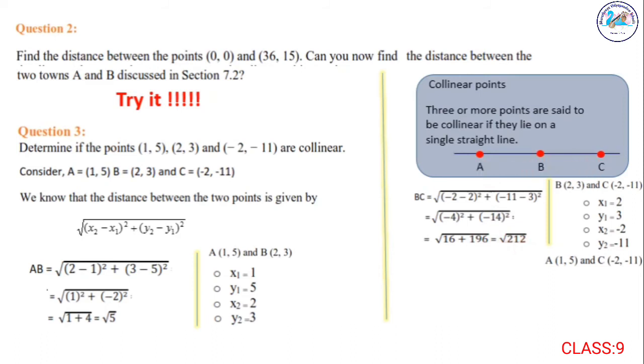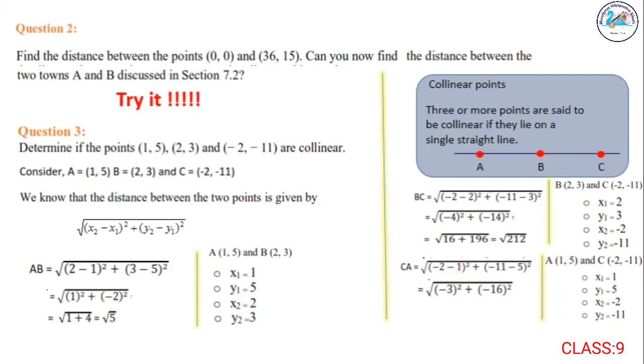AB is calculated, BC is calculated. Now we go for AC. Just take A and C. A is (1, 5), C is (-2, -11). x1 is 1, y1 is 5, x2 is -2, y2 is -11. So (-2 minus 1) the whole square plus (-11 minus 5) the whole square.